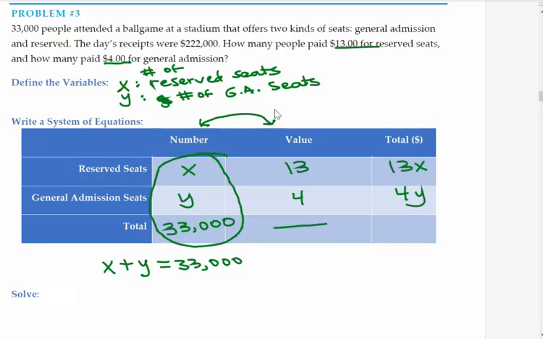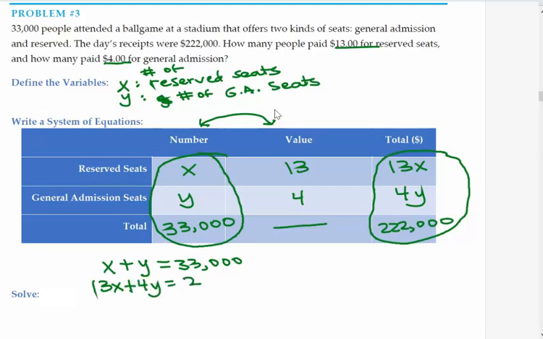How much money was brought in? Well, the total amount of money was $222,000. Okay, and now this is going to be my other equation. So I'll have 13x plus 4y equals 222,000.